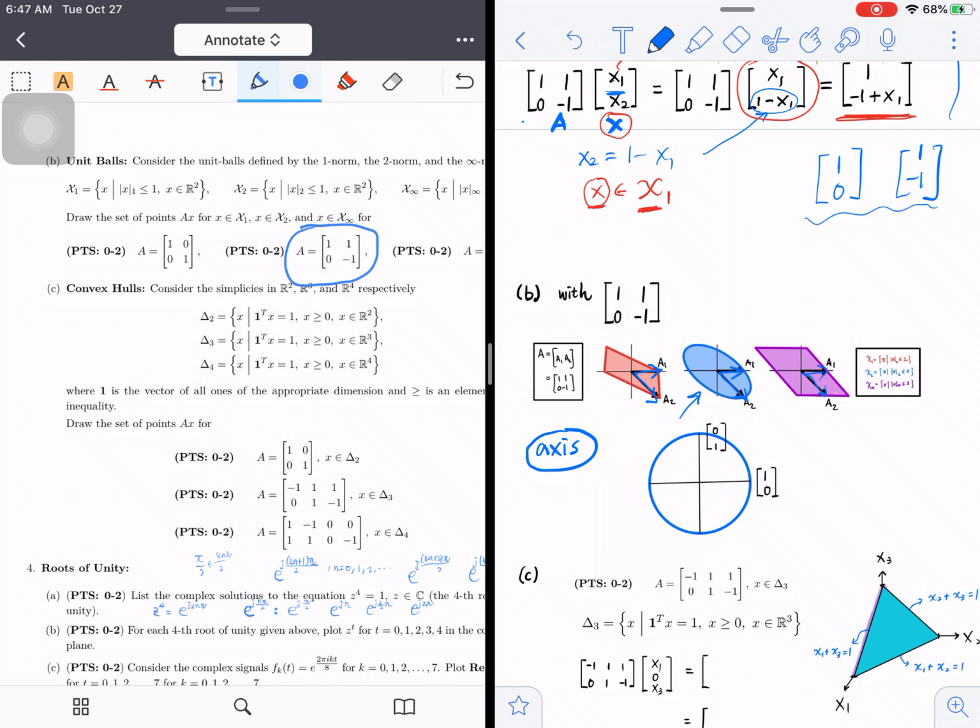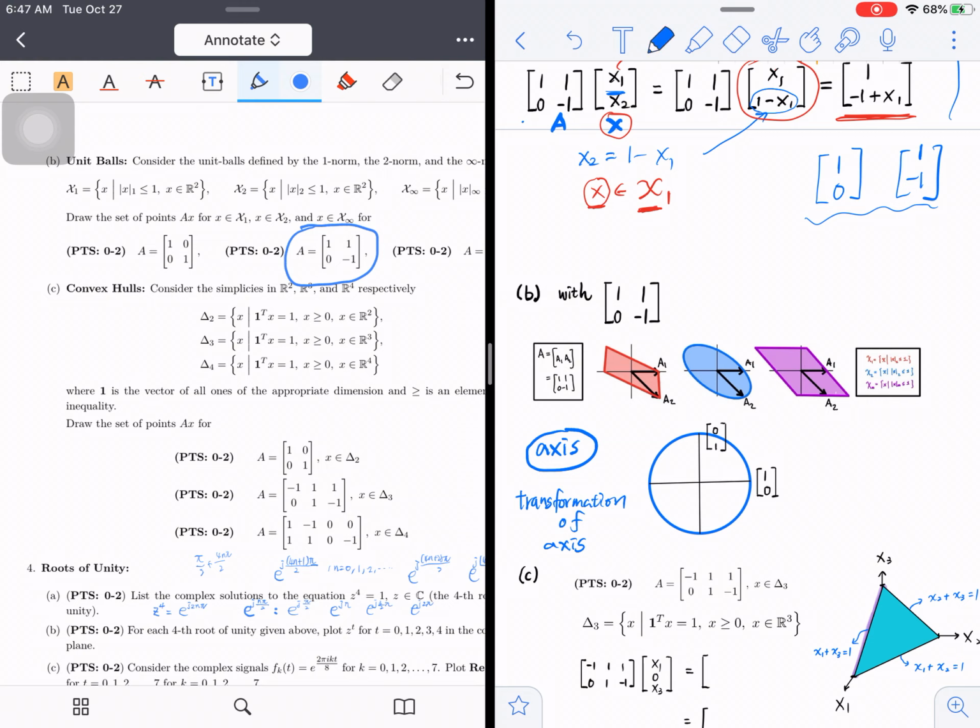So we focus on the transformation of axes. So we utilize a different trick with respect to problem A.